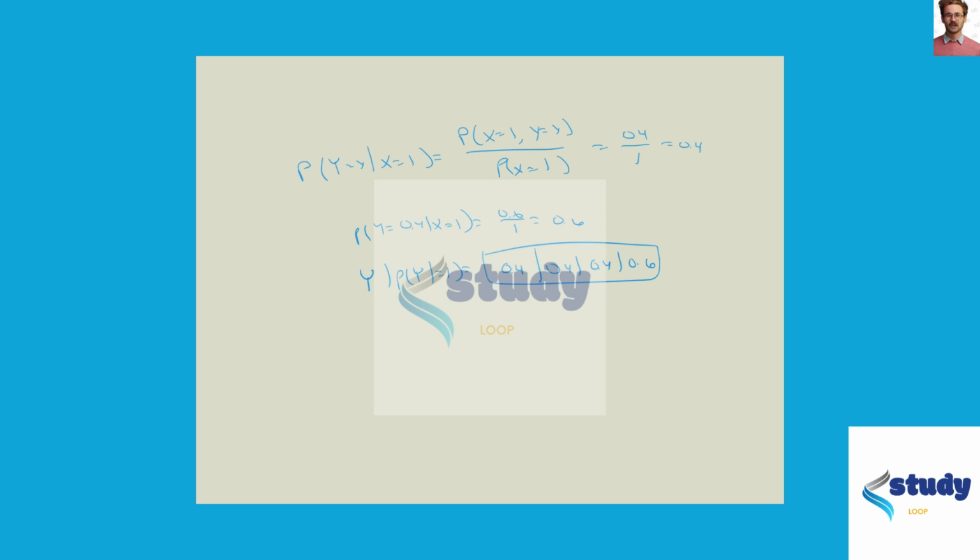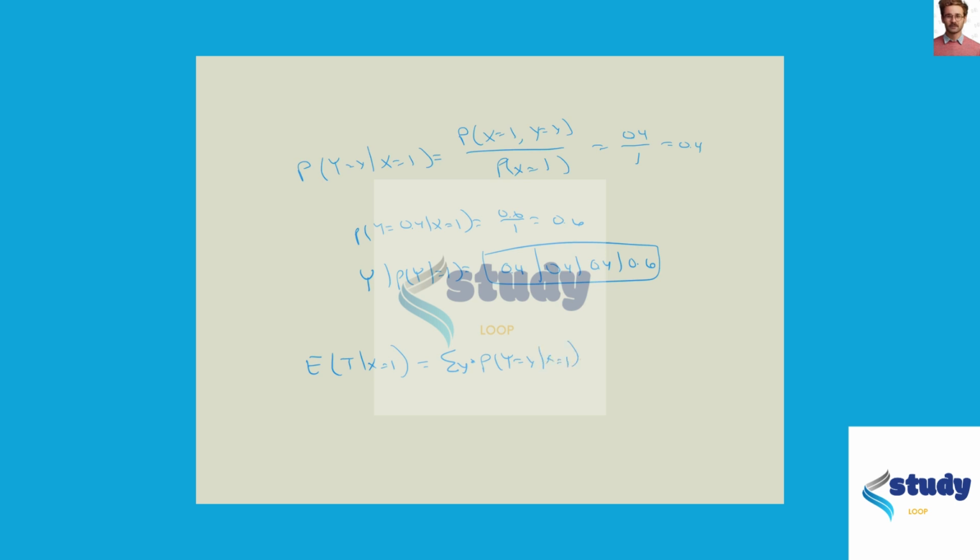To find E of y given x equals 1, we need to use the formula that it's the sum of the y times the probability that y equals y given that x equals 1.